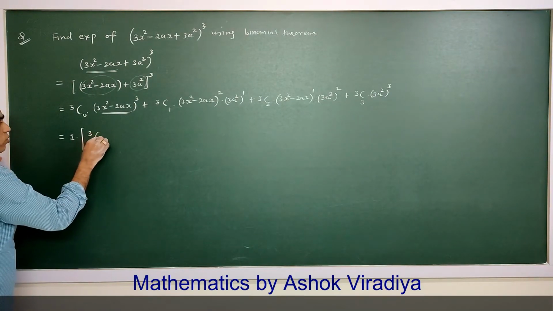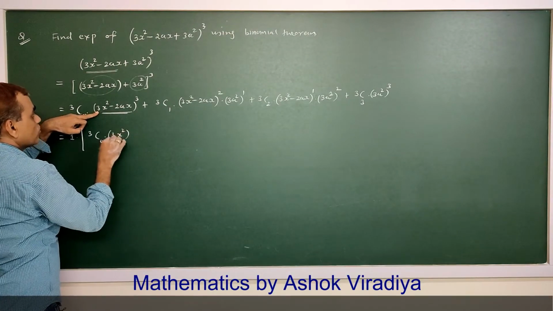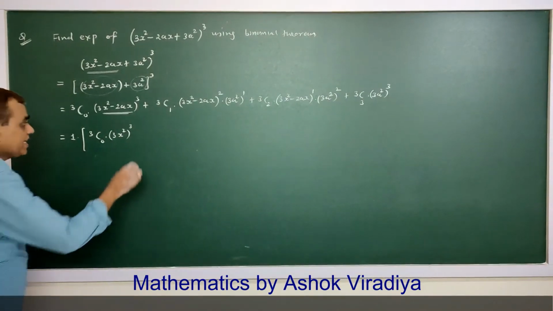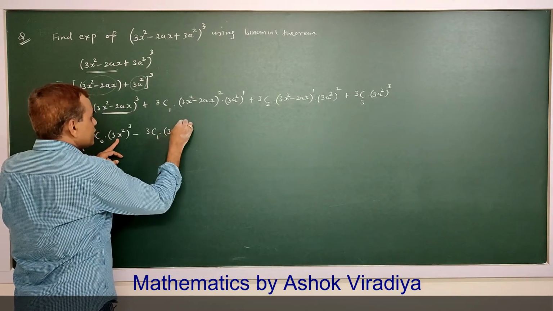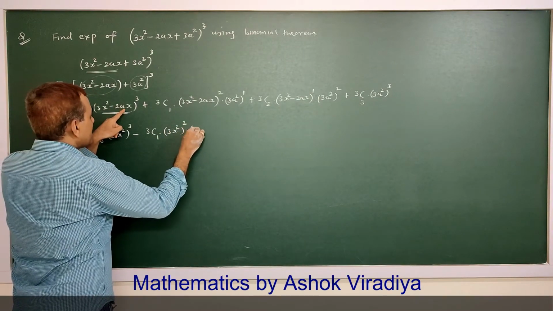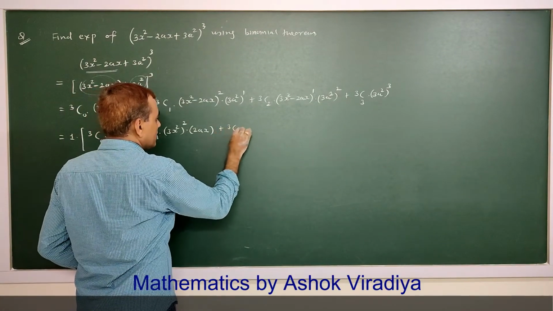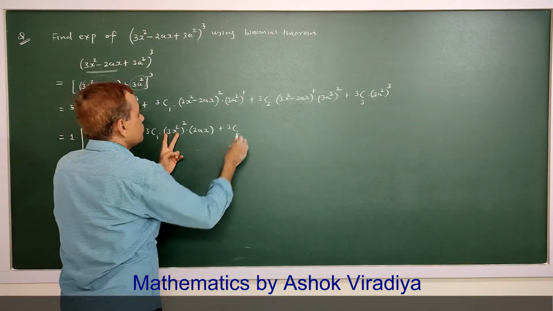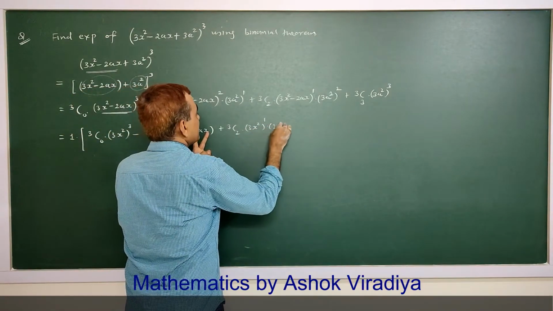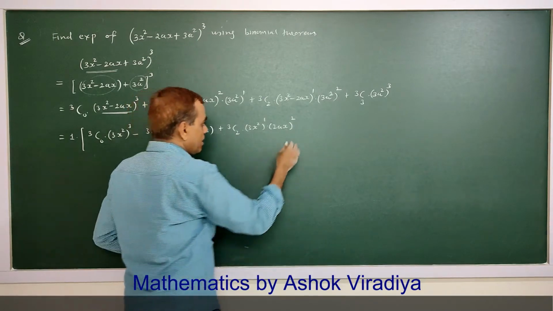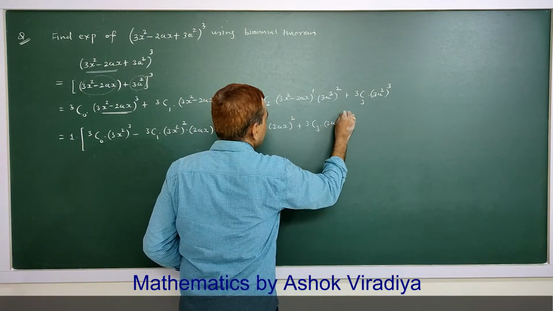So nC0 a raised to n minus nC1 a raised to n minus 1 and b starts, then plus 3C2 a raised to n minus 2, its power decreasing, this term's power is increasing, plus 3C3 (2ax) raised to 3.